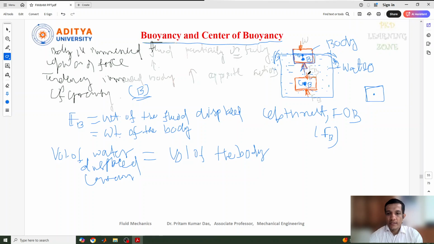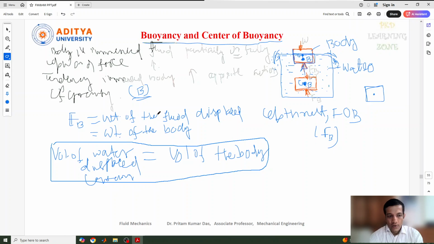Okay, this is another concept. So the volume of this object which is present inside the fluid, and the volume of water displaced from this container, both should be equal. Okay, these two concepts are there.